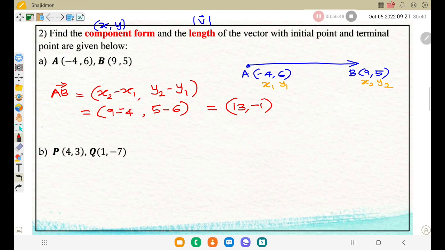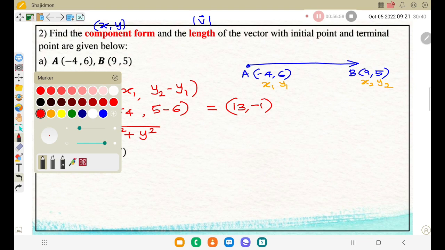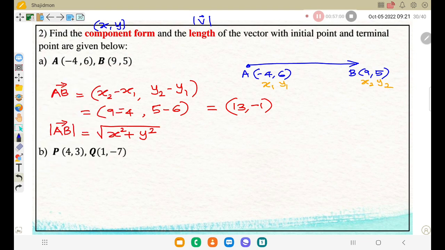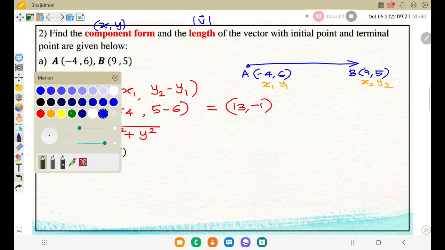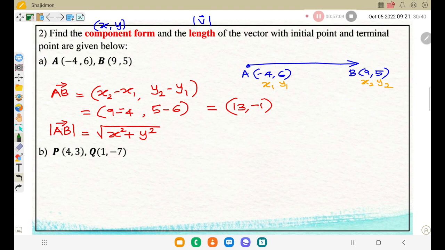Now the next part: what is the magnitude, the length? Magnitude of vector AB is the root of x square plus y square, where x is the x component. The x component of vector AB is 13, and the y component of vector AB is minus 1.